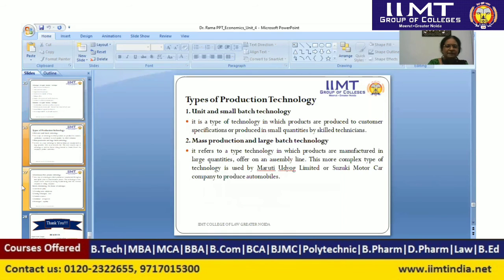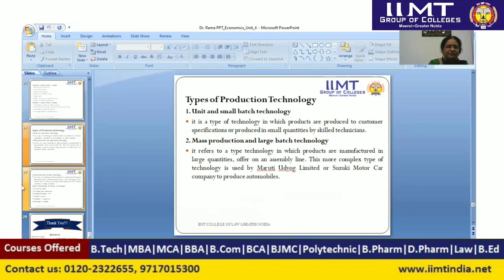Types of production technology: unit and small batch technology, and mass production and large batch technology. Unit and small batch is a type of technology in which products are produced to customer specification in small quantities by skilled technicians.